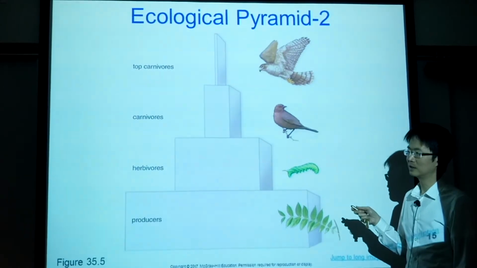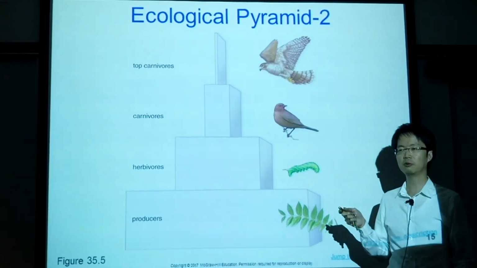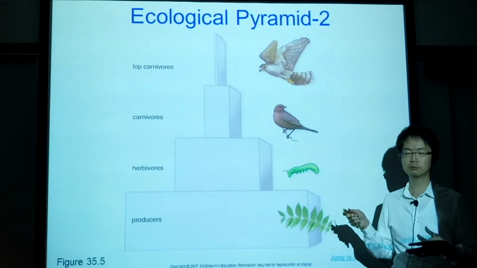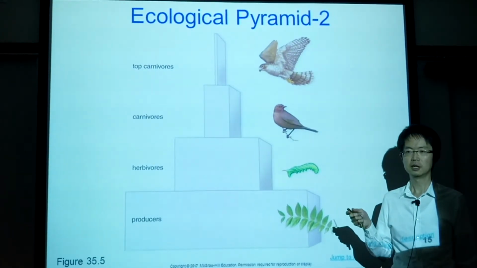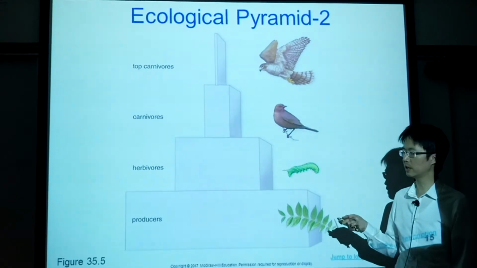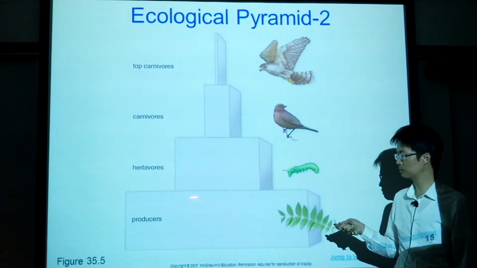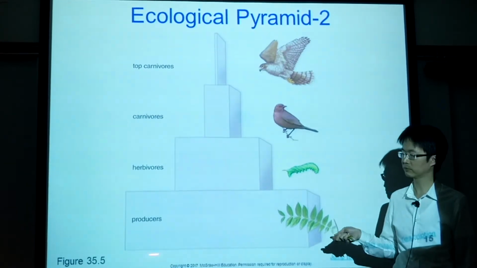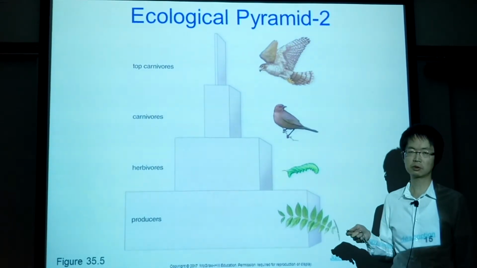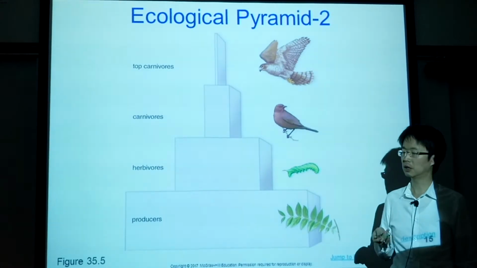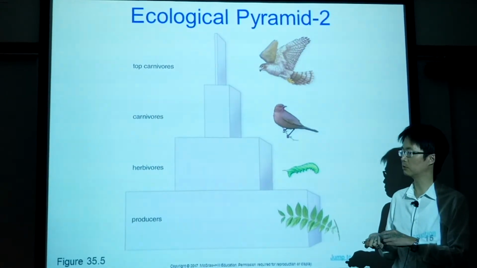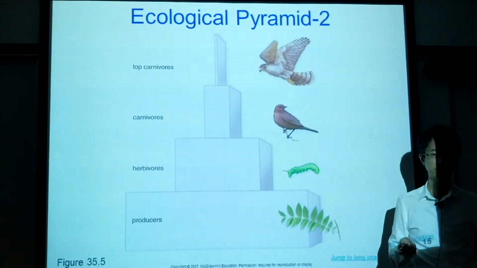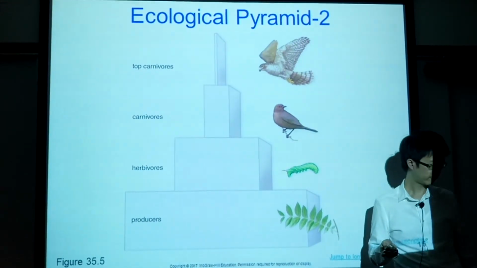And that's one of the reasons people become vegetarian, because they know that when they eat the producer only, they can consume the most energy. They propose that eating producer is the good way to acquire energy.